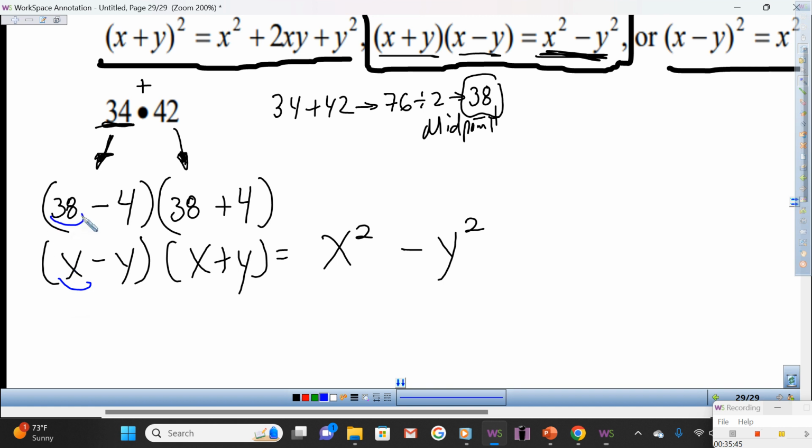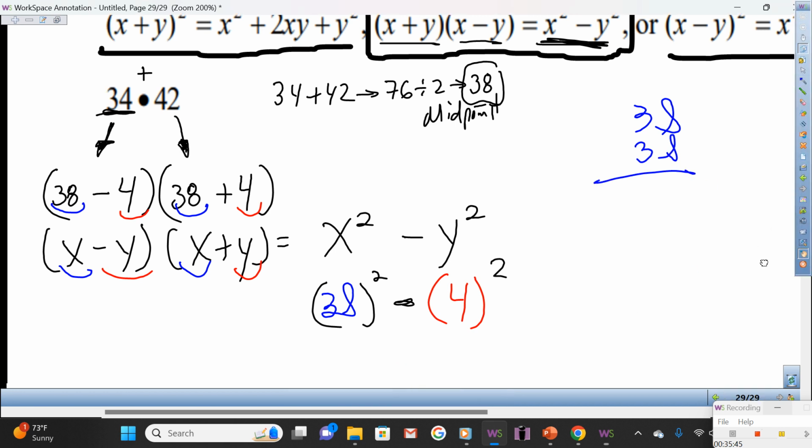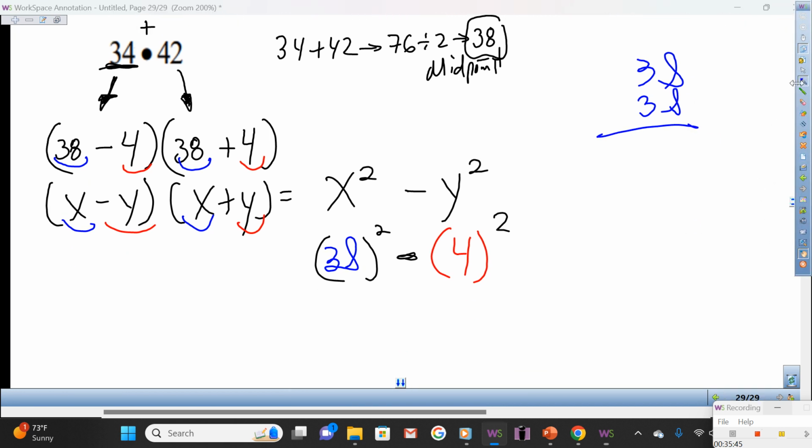That is correct, 38. Everyone, instead of y, we use what? 4. So, 4. All right, so this one is 38. So, 38 squared is 38 times 38. What is 38 times 38? Let's see, calculators, calculate. 38 times 38. What is it?